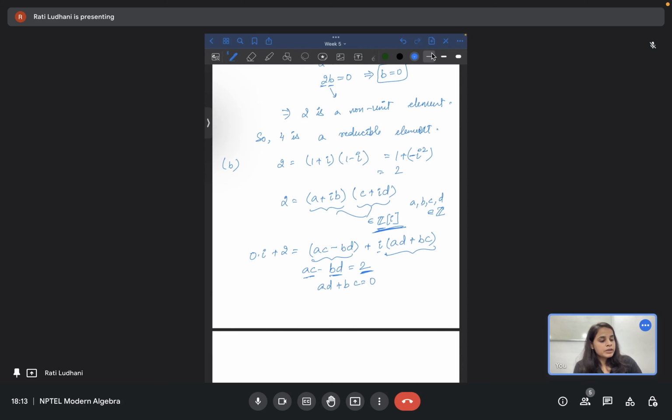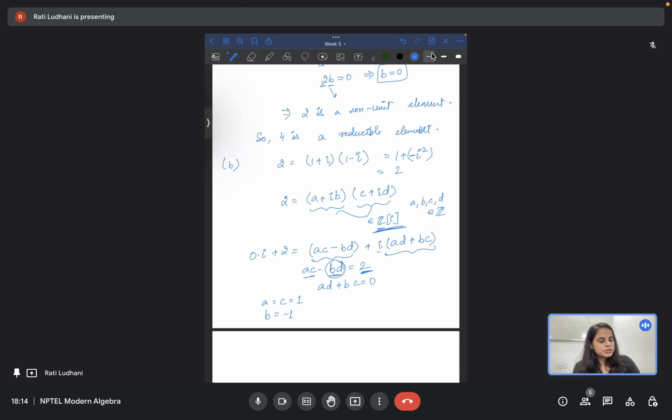Okay, let's see. So if you take, for example, A and C equal to 1. I'm just trying to have 2 here first. So A and C equal to 1, and you want BD to be minus 1, right? So what will you take? You just take either B to be minus 1 or D to be minus 1.